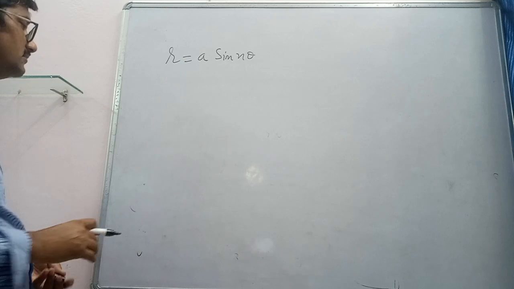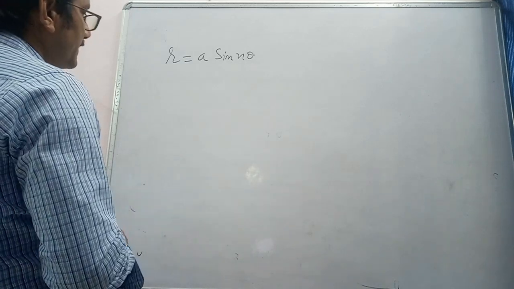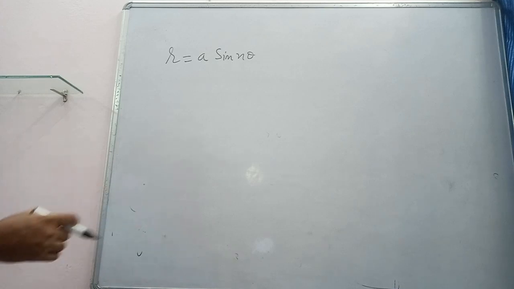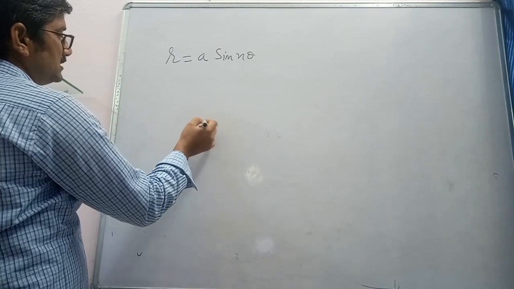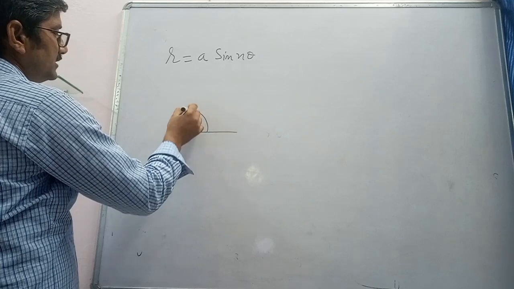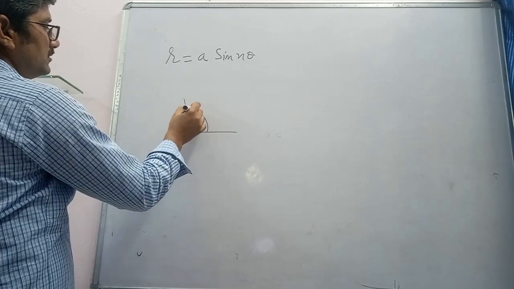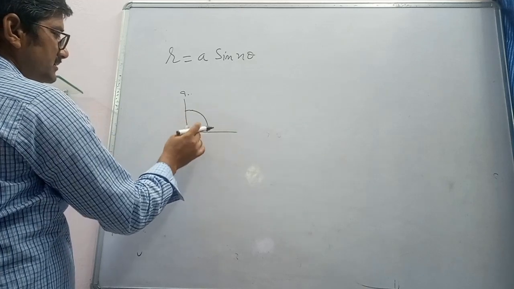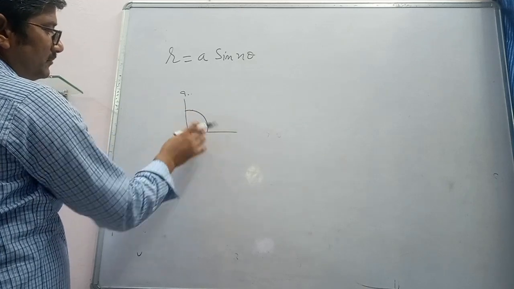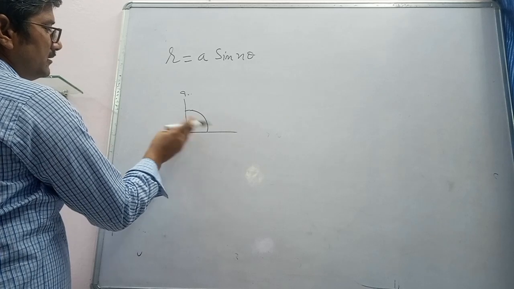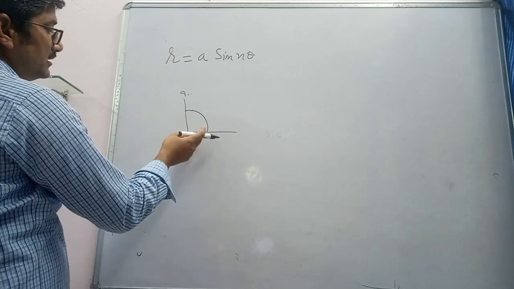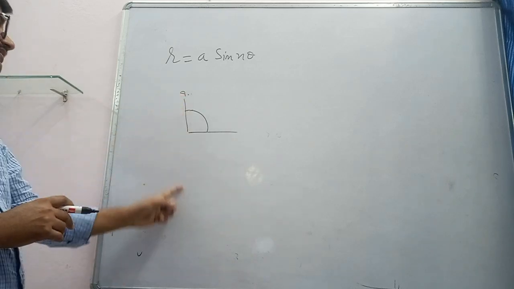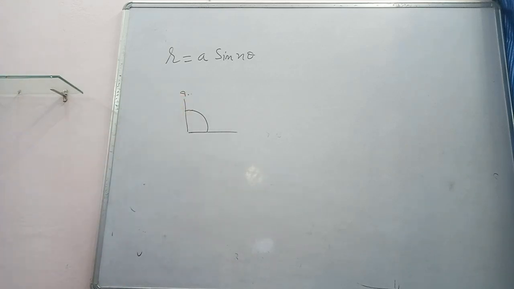But if the curve is symmetric about the initial line as well as about the pole, it is sufficient to take the values of theta between 0 to 90 degree only. With the help of this, we can trace the curve below the initial line, and then with the help of the symmetry about the pole, we can trace on the left side of this vertical line.